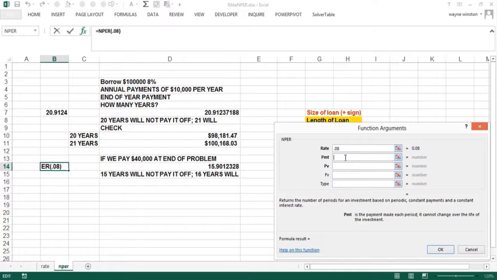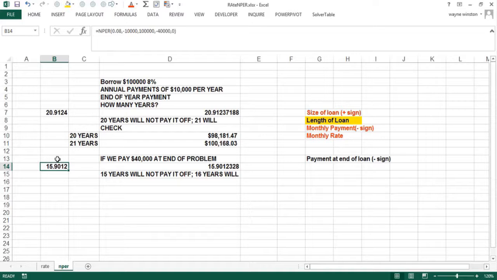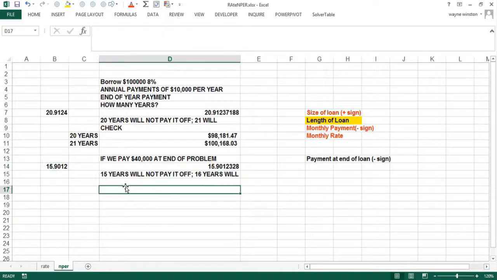The payment is 10,000 a year. The present value, excuse me, the loan is 100,000 today. We're going to pay 40,000 at the end there, and it's end of the year payments. So 15.9 years would take care of it. 15 years won't pay it off, but 16 years will.